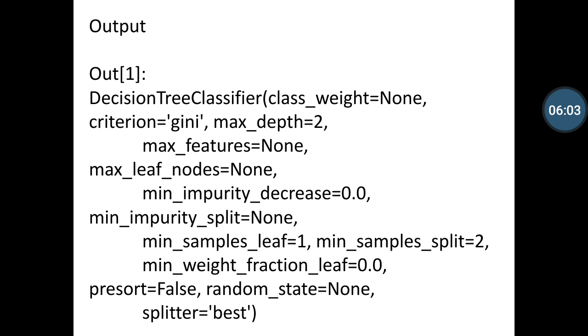After executing the above code, the decision tree classifier gives some values, such as class_weight equal to None, criterion equal to gini, max_depth equal to 2, max_features equal to None, max_leaf_nodes equal to None, min_impurity_decrease equal to 0.0, min_impurity_split equal to None, min_samples_leaf equal to 1, min_samples_split equal to 2, min_weight_fraction_leaf equal to 0.0, presort equal to False, random_state equal to None, and splitter equal to best.